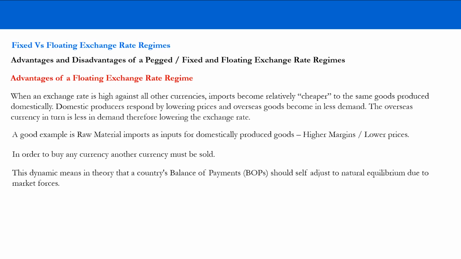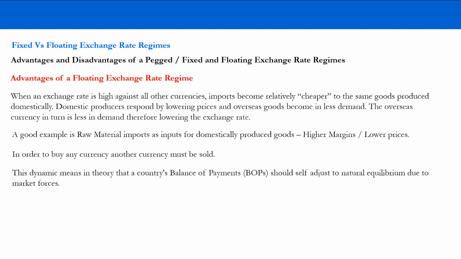The inputs that they require as raw materials for their domestically produced good become cheaper. So they get lower import prices, therefore they get a higher margin on their product if they sell it for the same price domestically. And we need to start thinking about the basics of currencies here to underpin this foundation.